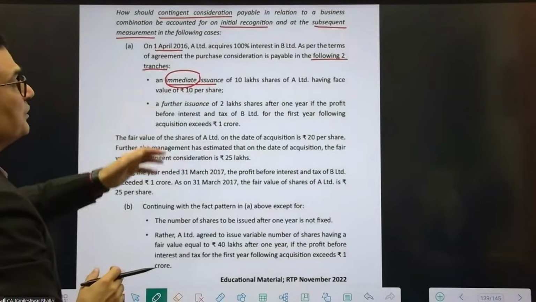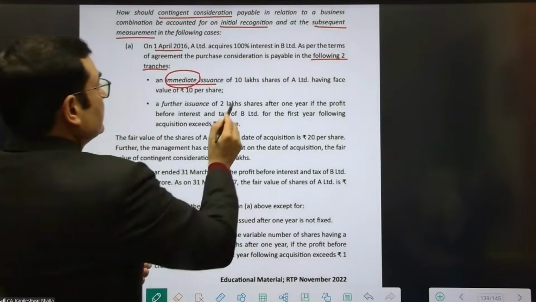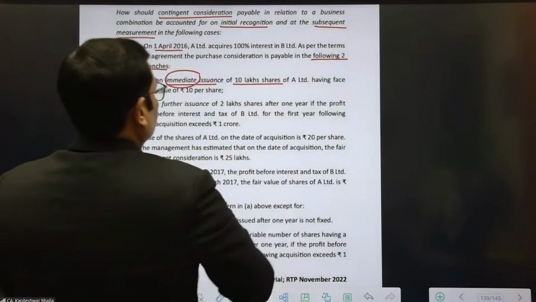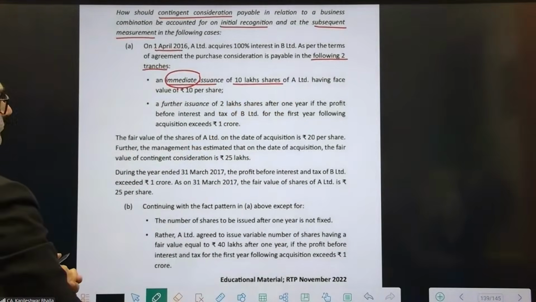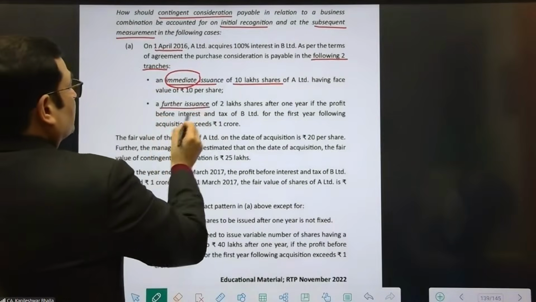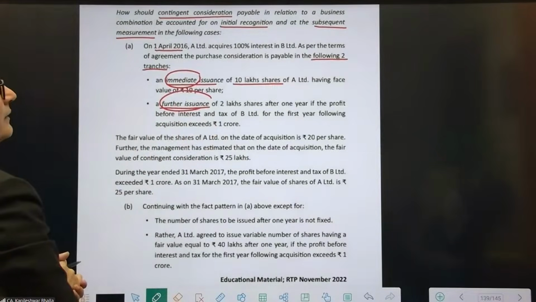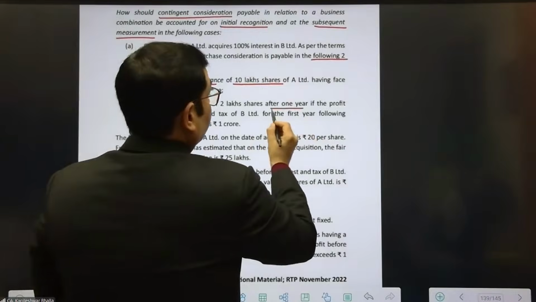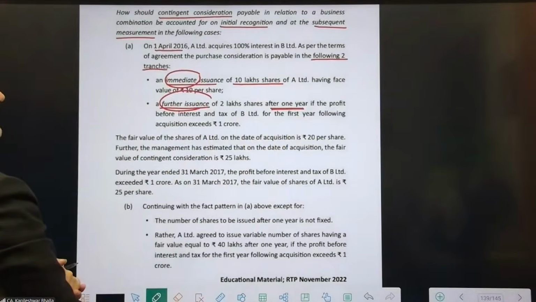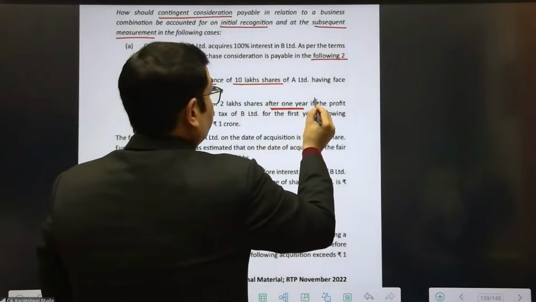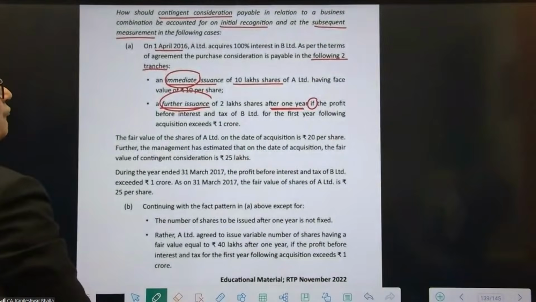This is what is immediately issued: a total of 10 lakh shares with a face value of 10 rupees per share. And then there is a further issuance of 2 lakh shares after 1 year, so it's at a later date, if the profits before interest and tax for the first year following the acquisition exceed 1 crore.